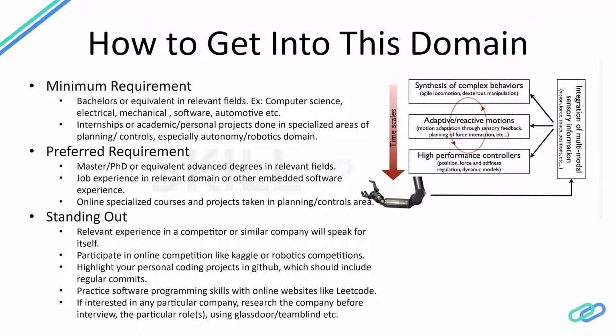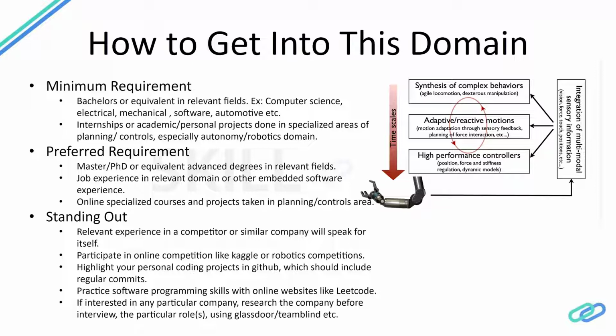Like if you're going into reinforcement learning, you may have to have advanced degrees in those fields, or some specialized online courses beyond the starter courses to show your expertise in those areas. Job experience in these areas, of course, any motion planning or controls domain would also be very good.